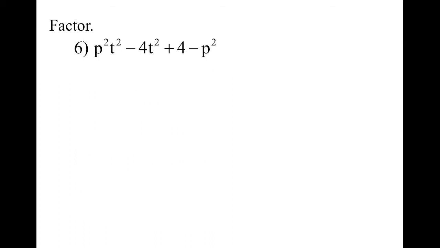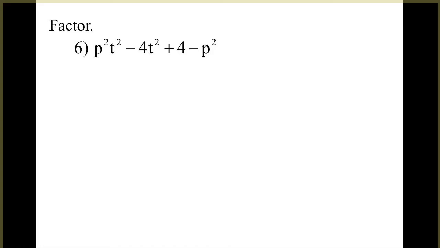Alright, next one, pause the recording, see if you can finish this one on your own. Now check your work. Step 1, GCF. And I can't find a GCF, so I'm going to get started right away.